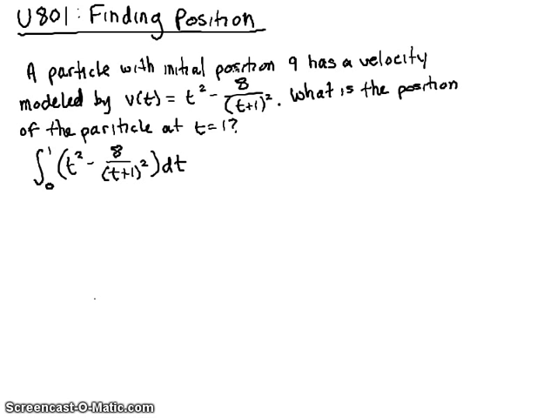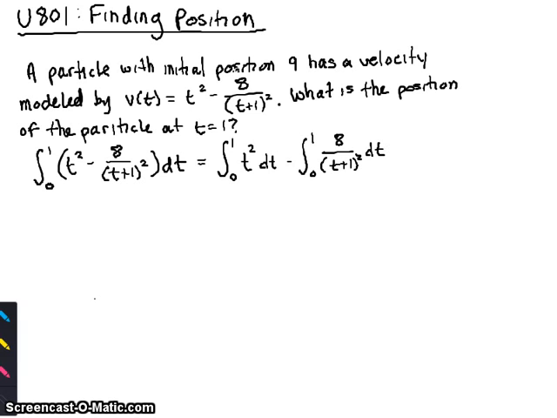This problem is going to need to be split up into two separate integrals because we need a u substitution in the second one. So we're going to go 0 to 1 of t squared dt minus the integral from 0 to 1 of 8 over the quantity t plus 1 squared dt. And if we look at that, we're going to need a u because we have parentheses.